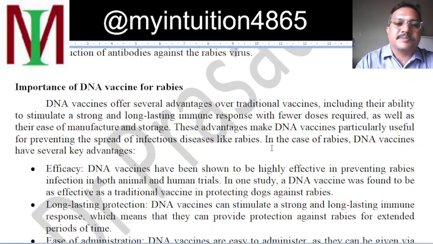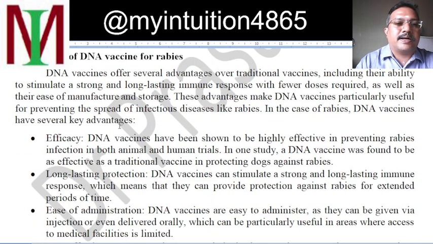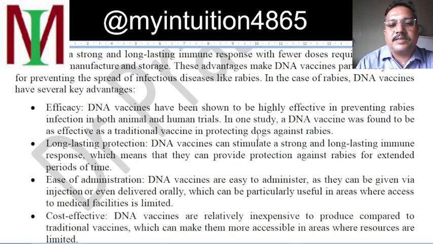Okay, so what is the importance of DNA vaccines for rabies? It has very good efficiency, highly effective in preventing rabies infection in both animal and human trials. One study says the vaccine was found to be as effective as a traditional vaccine in protecting dogs against rabies.